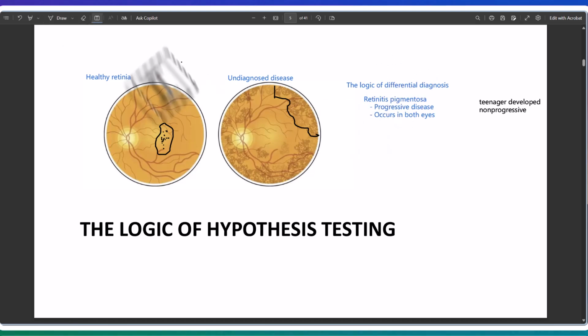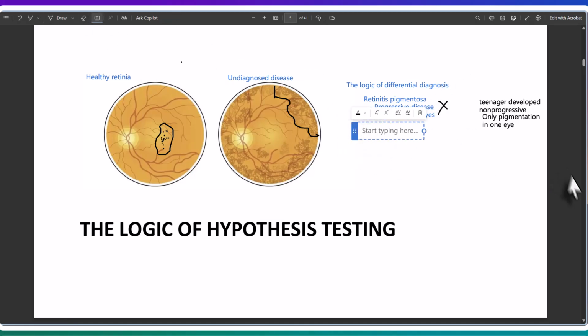Retinitis pigmentosa is probably unlikely, especially given that it was pigmentation in only one eye. As a teenager, they would have thought it would progress over time and show up in both eyes, but the evidence was going away from that. So then, what's the next question?